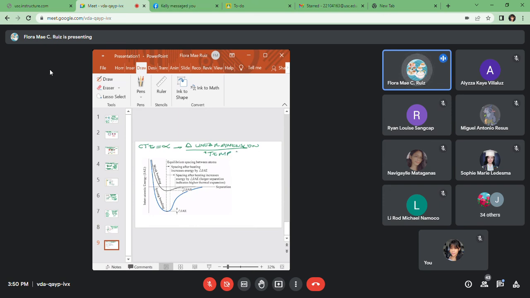Your CTE is related to the strength of your atomic bonds. In order to move the atoms from their equilibrium separation, we must supply energy to the material.